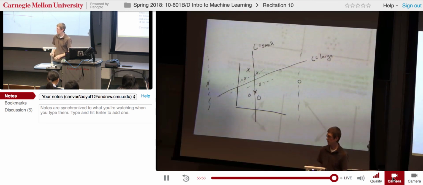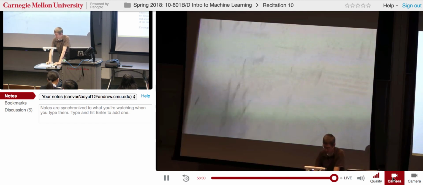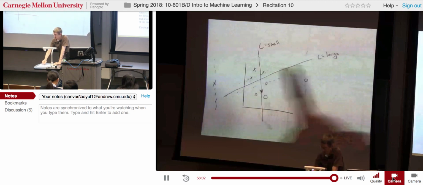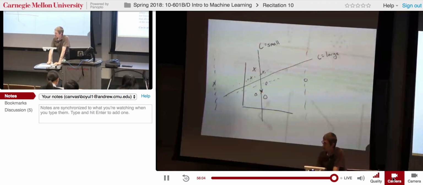So can we shatter 3 points with rectangles? Yes. For any labeling of 3 points, we can find a rectangle. If there's just one positive one, we can put a rectangle around it. If there's 2, we can put a rectangle around those 2. If all 3, we can put a rectangle around all 3.